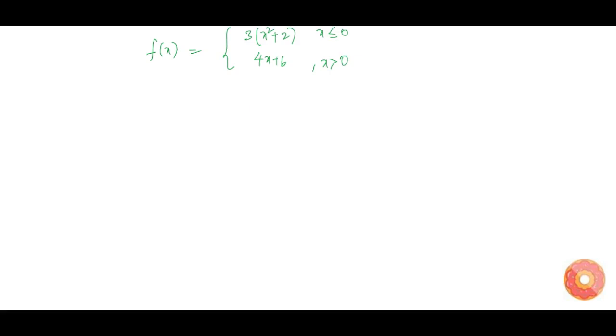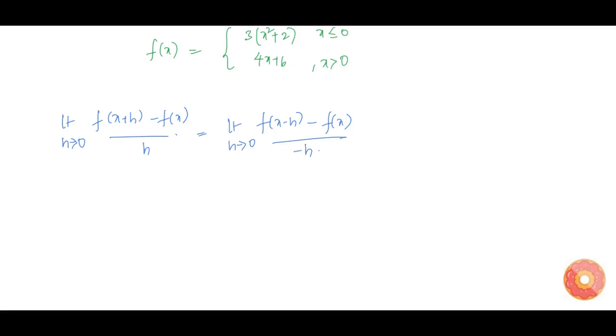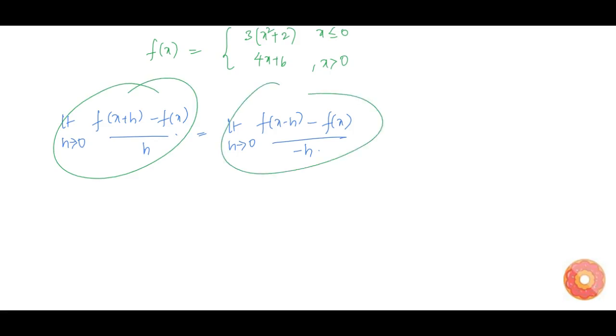For a function to be differentiable, limit h tends to 0 of f of x plus h minus f of x by h should be equal to limit h tends to 0 of f of x minus h minus f of x by minus h. These two must be equal. Now let us see if these two parts are equal or not.